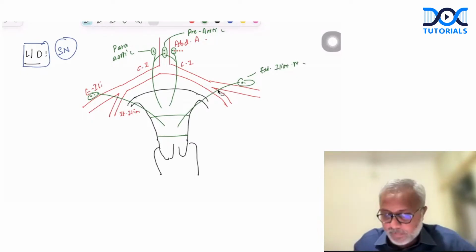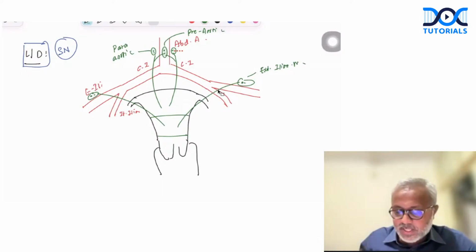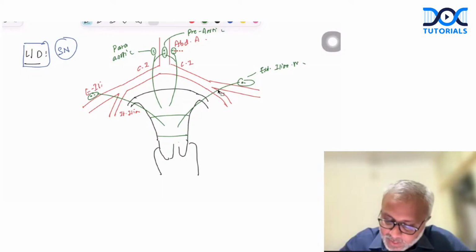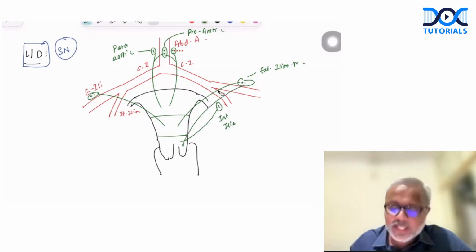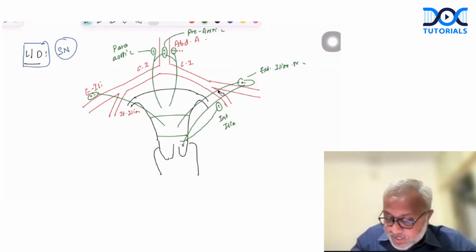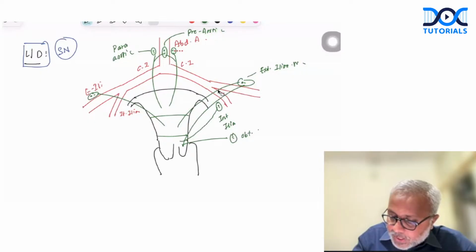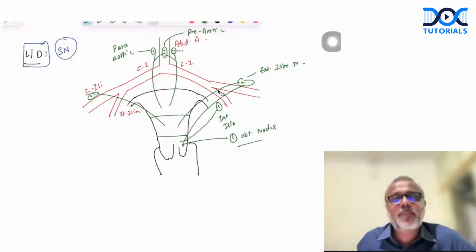Done. What about the cervix? Cervix is very peculiar. Cervix will drain into internal iliac. Then cervix will also drain into external iliac. Cervix will also drain into the obturator nodes as well.